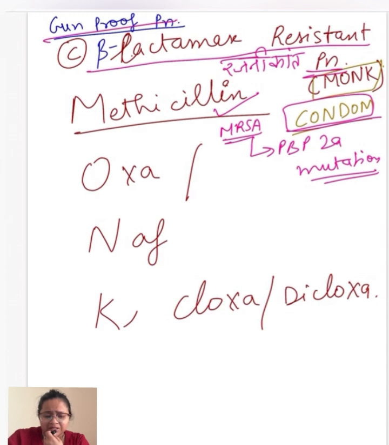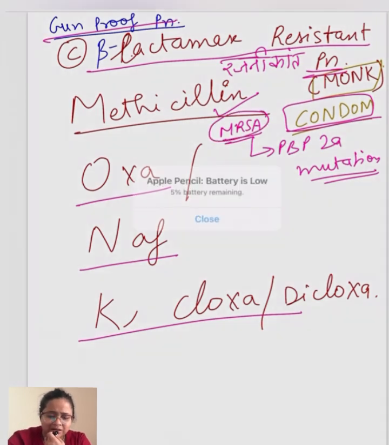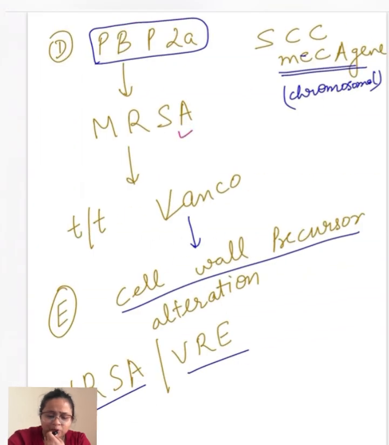The beta lactamases have no effect on them. These are methicillin, oxacillin, nafcillin and cloxacillin. If methicillin resistance comes, then all these antibiotics are not of any use. MRSA comes because SCC has a chromosomal mecA gene in the bacteria which produces PBP2A.